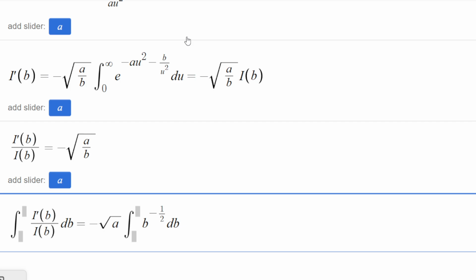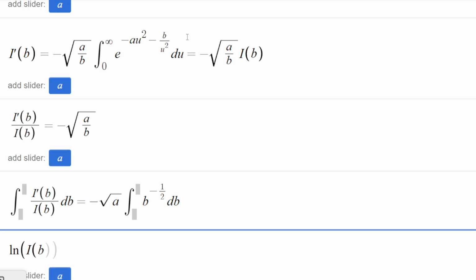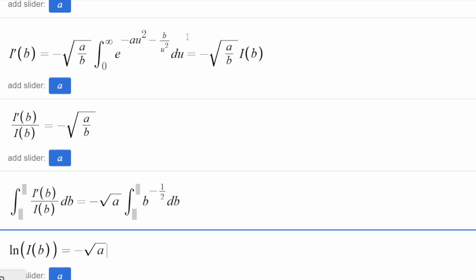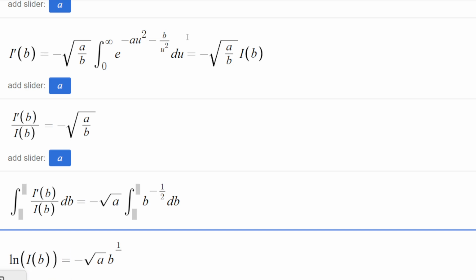And then we have the form 1 over u. So the left-hand side evaluates to natural log of I of b. And that's equal to negative square root of a times b to the 1 half over 1 half, which is just 2. And then we have plus c.